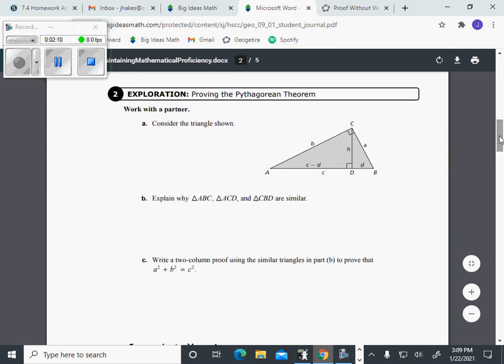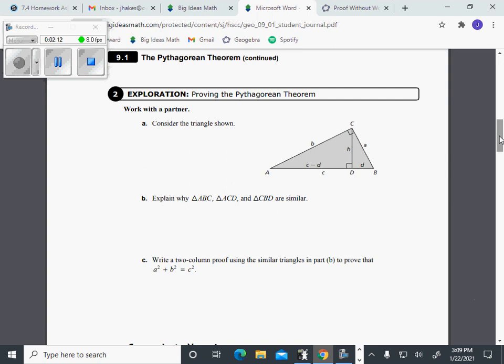Down here in exploration 2, we want to consider the triangle shown. Explain why triangle ABC, this triangle here, ACD, and CBD are similar. Why are they similar?